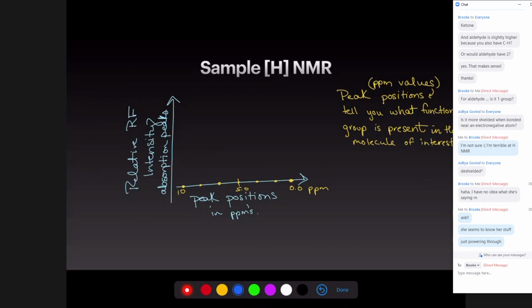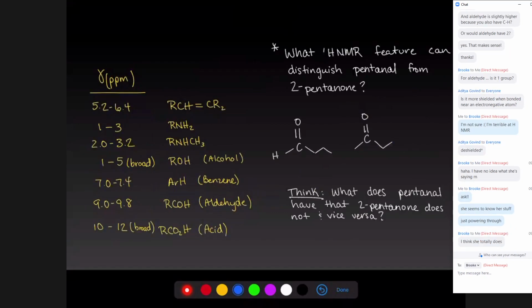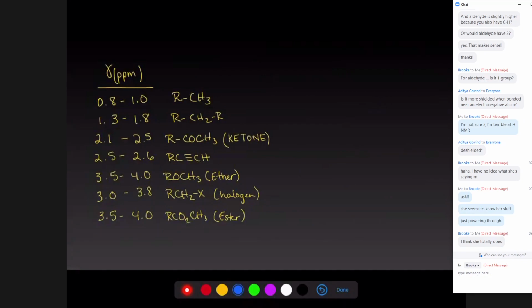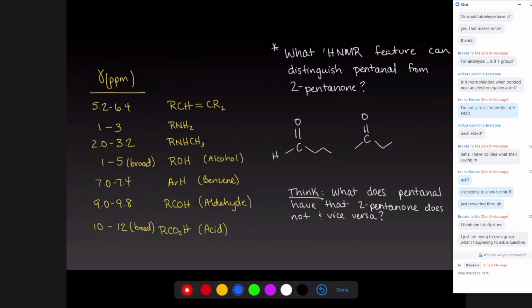And let's see. I will answer that question in just a second. I'm going to show you all this next slide. So this goes along with learning those key absorbances as well. Again, I wouldn't try to memorize them. I would just say, remember a few of them, and then go from there.